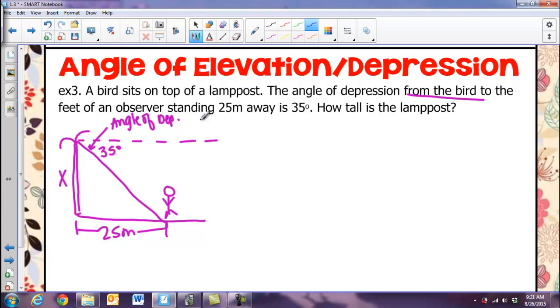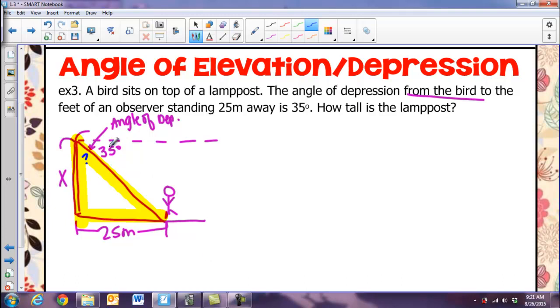When I'm looking at this, there's a couple of ways you can solve it. The first thing you could do is solely deal with this triangle. Let me show you which triangle I'm talking about. This triangle right here on the inside, you could ask, how would I find this angle in here? You could take 90 minus 35 and get the angle that the bird is looking down.